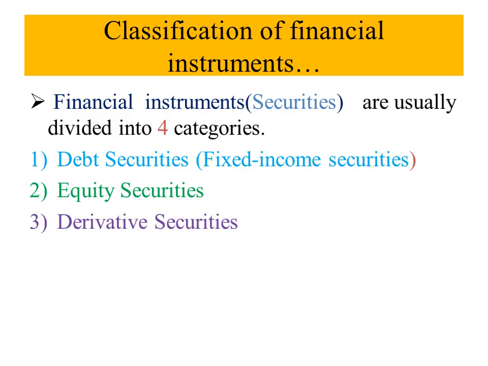The third part of financial instruments is derivative securities. It is derivative because the price of a derivative security is derived from another equity or another security, based on the underlying price of the other security. It has no price of its own.